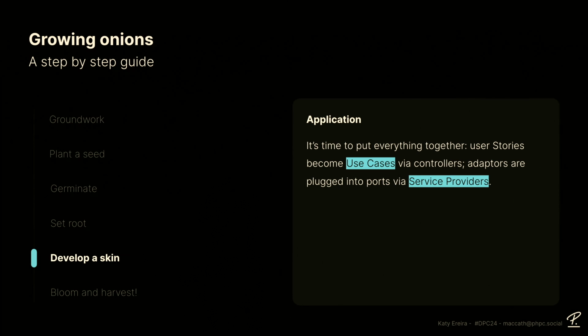After our onion is growing and developing, we need to put a skin around it. This is what prevents things from coming at the internals without being adequately protected. So it ties everything together. It directs and determines how these interactions occur.